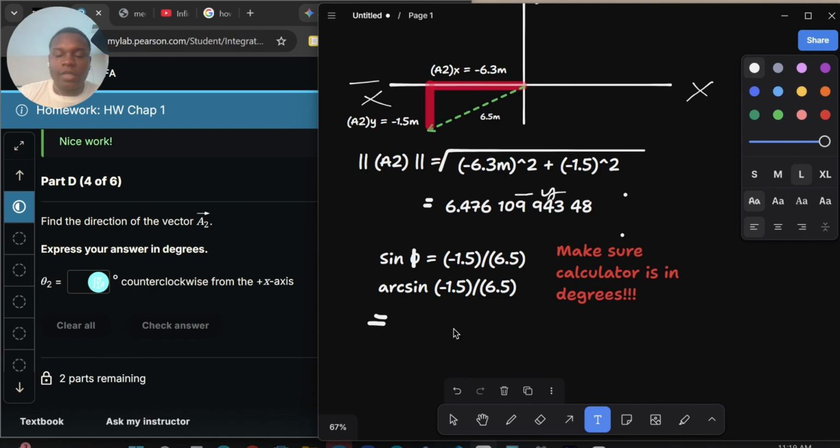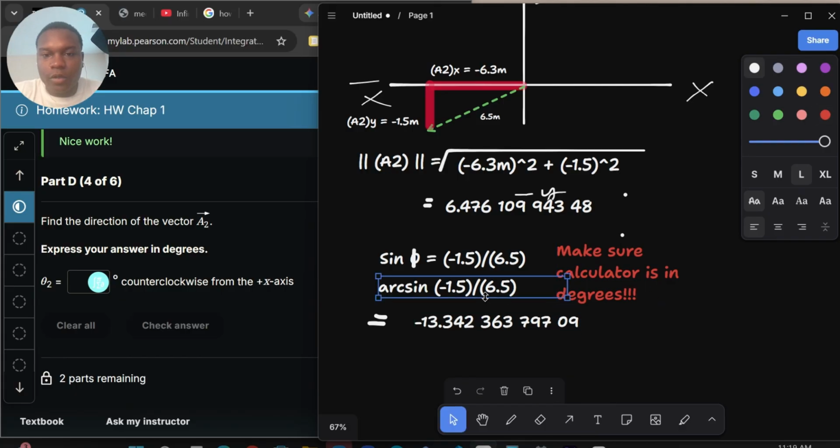And I got negative 13.34... All right, this is this angle here. Because this is our reference angle and this is negative, right? Here's the cool part.